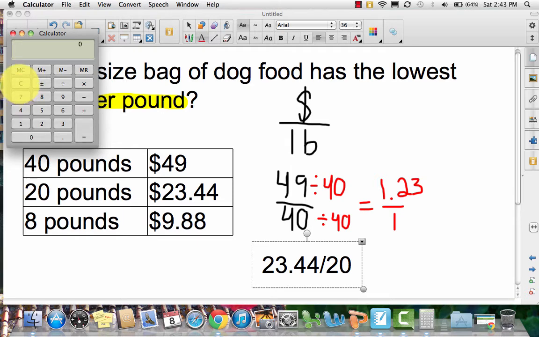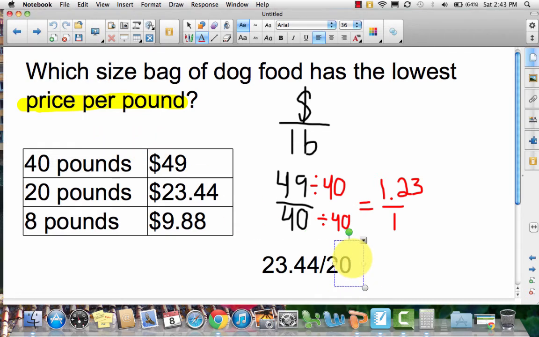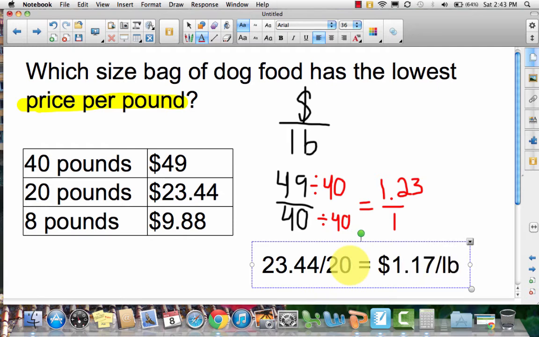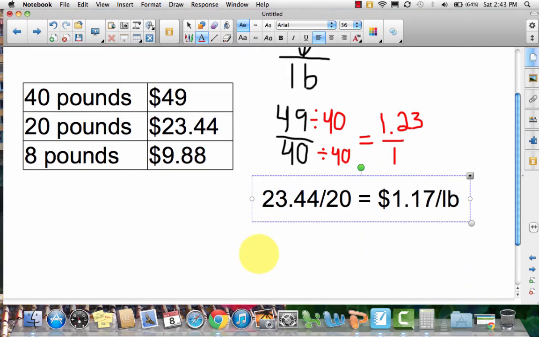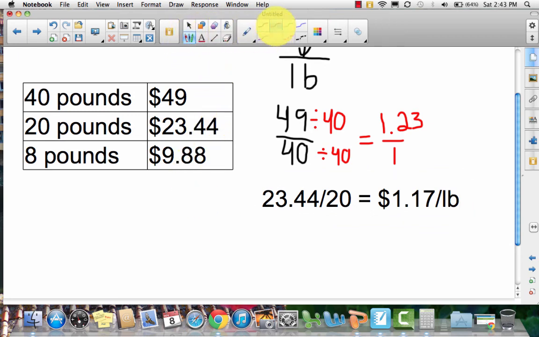Ooh, that didn't work. Let's try that again. 23.44 divided by 20. 1.172. And again, I round to the hundredths place. So I can determine that if I buy this second option of dog food, I am paying $1.17 per pound.